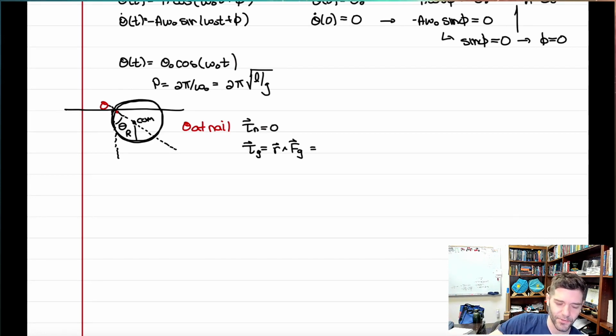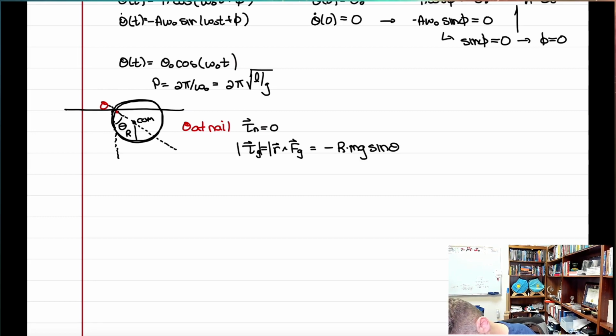If I imagine the torque from this position, it's going to want to make the hoop rotate clockwise, which is the negative direction. So R times mg, but then there's a sine of the angle in between them if I think of the magnitude of these things, with the negative sign I've thrown in for the clockwise negative relationship.